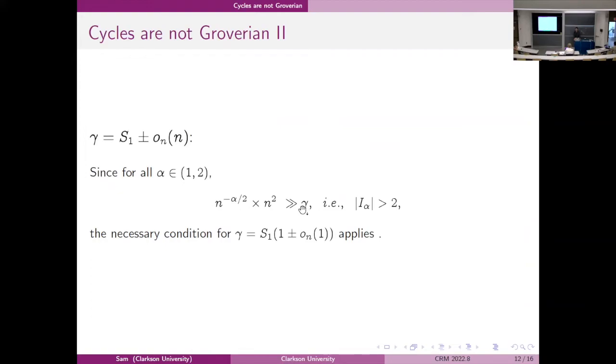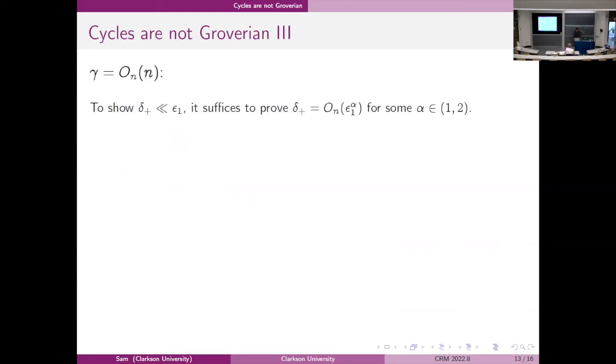That means there are a lot of eigenvalues lying inside the set I alpha. So the number of elements of I alpha would be at least bigger than 2, and this allows me to use the necessary condition to kill it. So when gamma is around S1, the cycle is still not working.